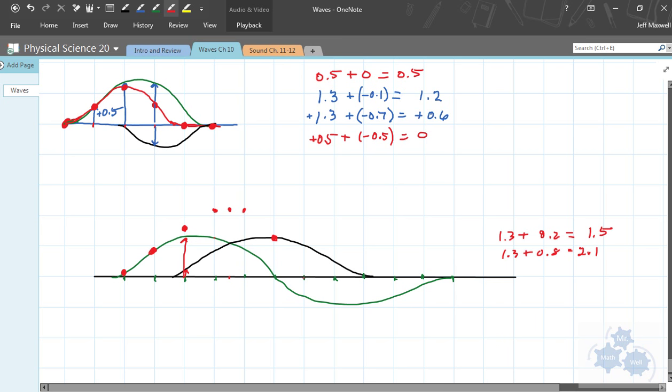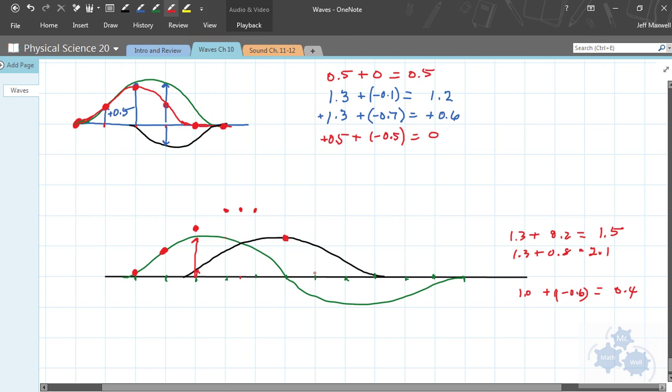At this point right here, I have 1.0, plus, now this, remember, it's below the line, so it's negative, so about negative 0.6, is about 0.4. Positive 0.4, so looking like that. Okay, the sum of the two.